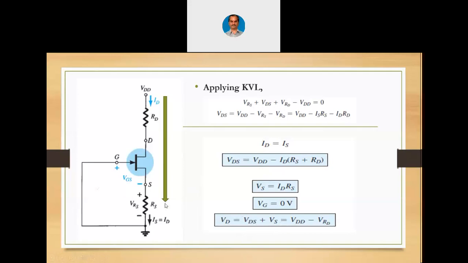It is one and the same. Either you measure from the bottom to the top, or from the top to the bottom. From the bottom to the top, voltage across the Rs plus voltage across the device is drain voltage, that is Vds plus Vs. Or when you come from the top, total voltage is Vdd minus the voltage across the drain resistance itself, which will be the voltage at the drain with respect to ground.